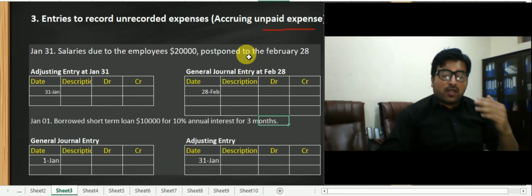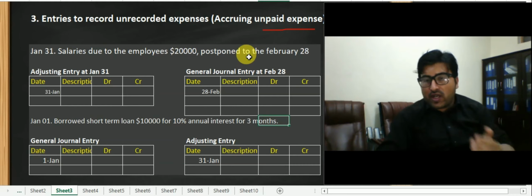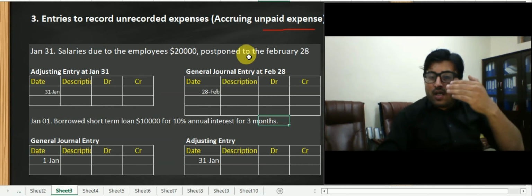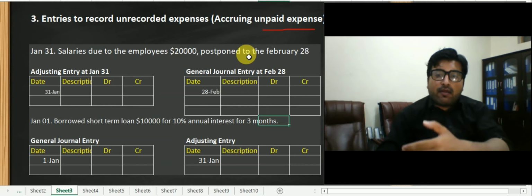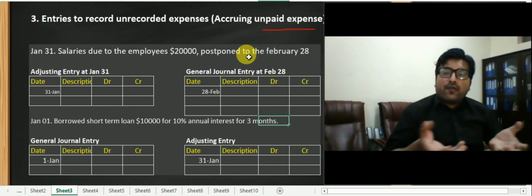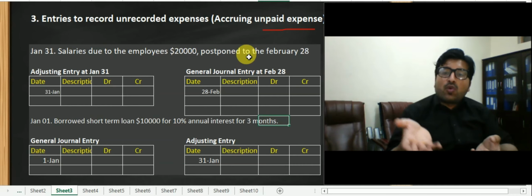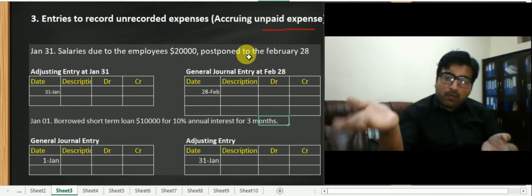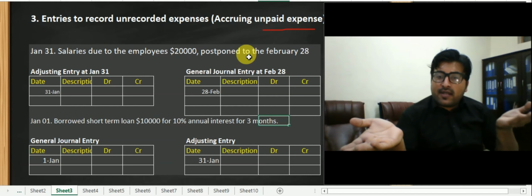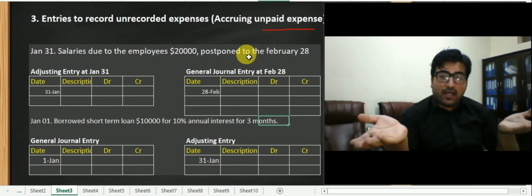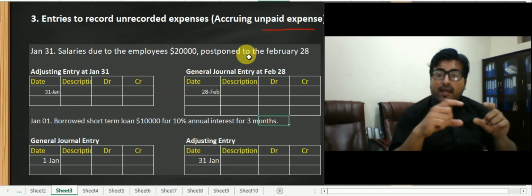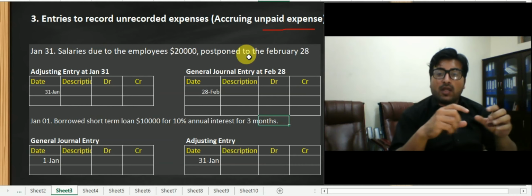Why? Because if you record the revenue of one period in another, or expense in another, you are overstating either the revenue or the expenses. So if you overstate the expenses of one period, it means you are understating the expenses of another period, and that is wrong. That is against the matching principle. And what's the problem here?